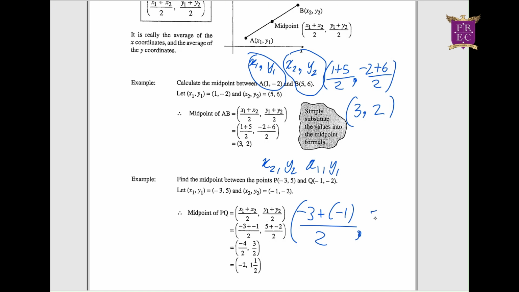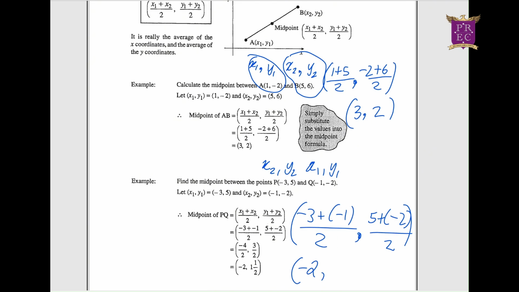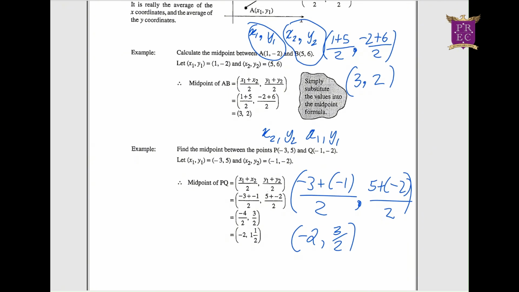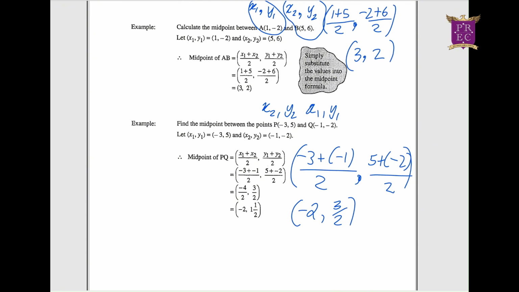Let's add up the y coordinates. Divided by 2. Okay, negative 3 plus negative 1 gives us negative 4. Negative 4 divided by 2 is negative 2. 5 plus negative 2 gives us 3. 3 divided by 2 gives us 3 on 2. And that's our answer. Okay, you can write it as a mixed fraction if you want, but you can leave it as is.